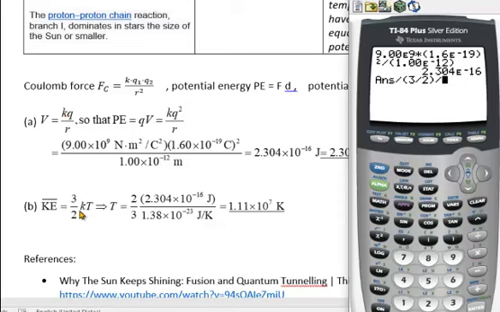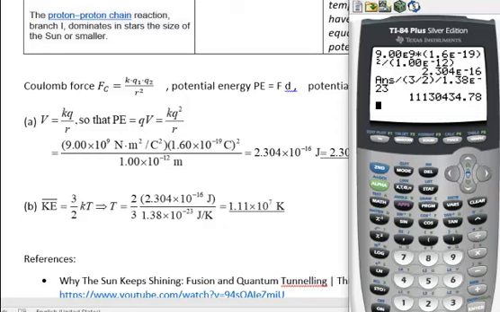This is the Boltzmann constant, 1.38 times 10 to the negative 23rd. Looks like it's almost the reciprocal of the Avogadro constant. The ideal gas constant goes in there as well. Enter, and of course I come up with the same result. They did 11 million kelvins. So that's how hot it has to be.